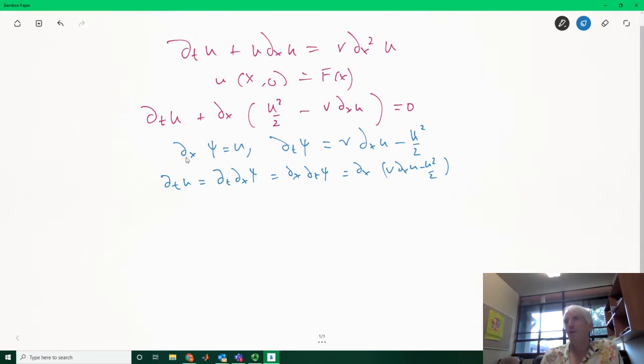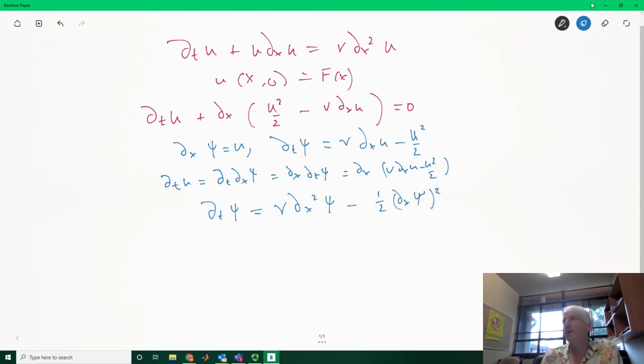Since dx psi is equal to u, we can substitute that in here. So the equation we want to solve for psi is dt psi equal to nu dx squared psi minus a half dx psi squared.